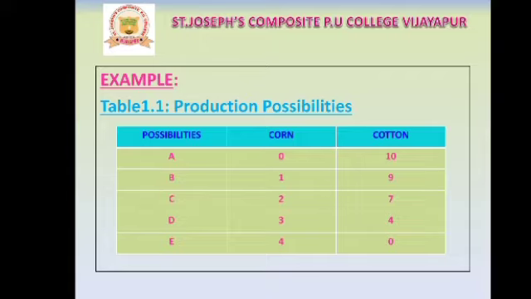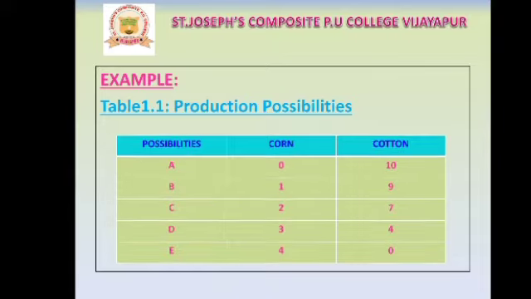According to the possibilities, at A the corn is 0 and the cotton is 10. At possibility B, the corn production is 1 and the cotton is 9. At combination C, the production of corn is 2 and cotton is 7.